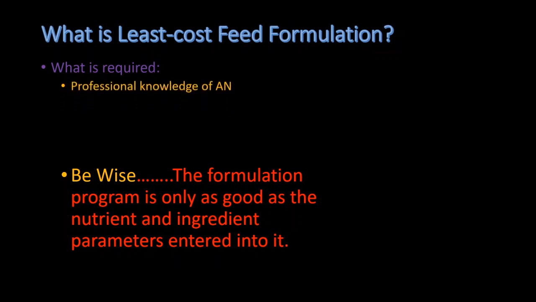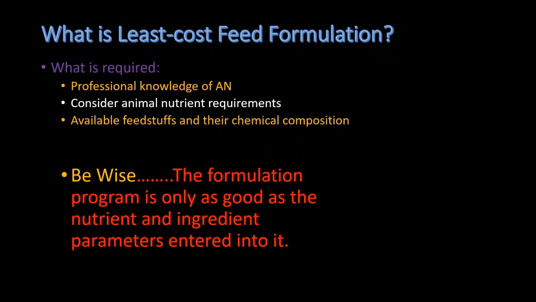So definitely the professional knowledge of the animal nutritionist is very important, because the nutritionist can take into consideration the nutrient requirement of the target animal and its ability to digest and assimilate nutrients from various available ingredients. They also have an idea about different available feedstuffs, their chemical composition, and what is actually available to the animal.